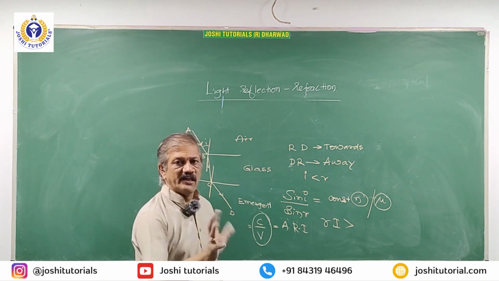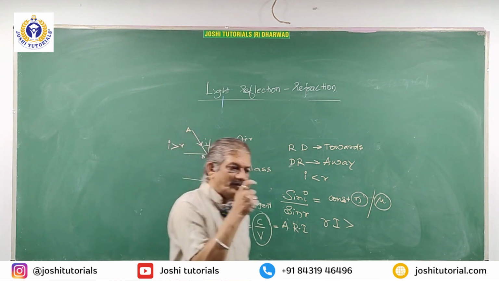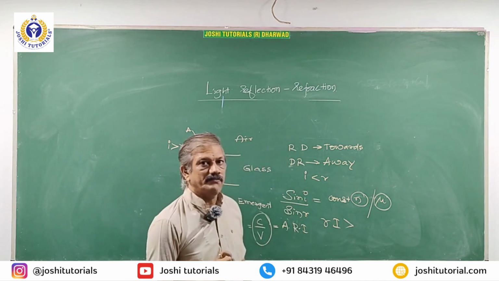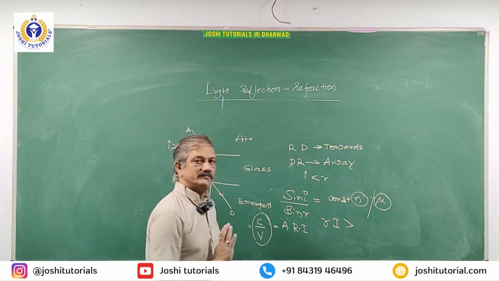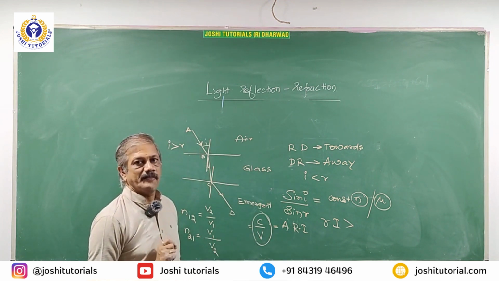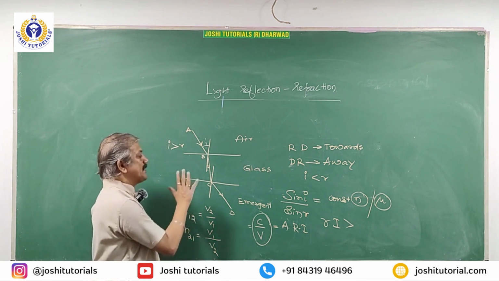In this way, you must be able to remember what is the meaning of that. It is given in the textbook. You can go through it. They may ask the questions. So this is how one can understand.